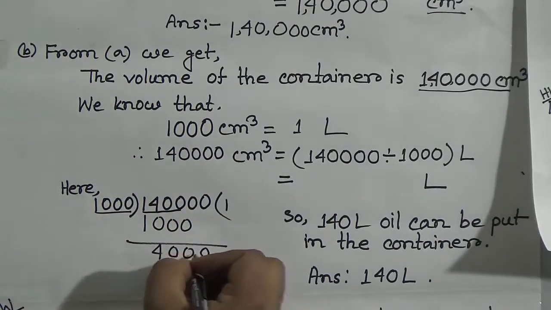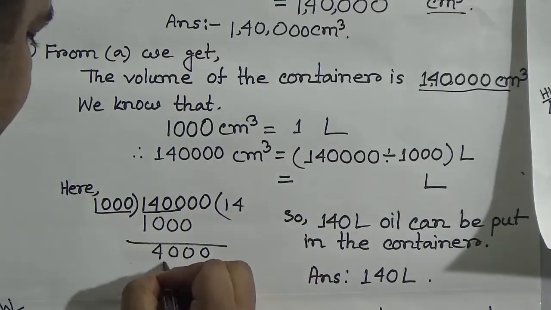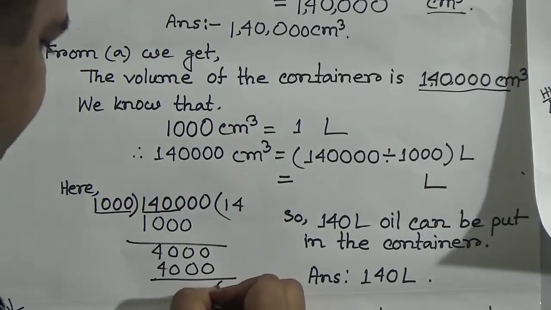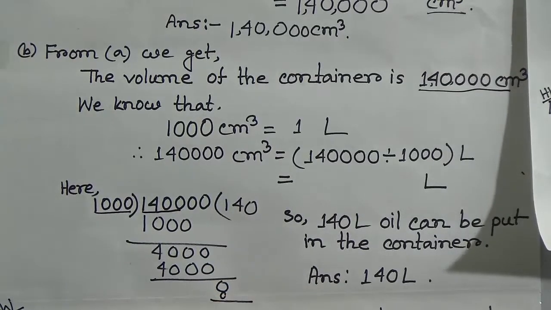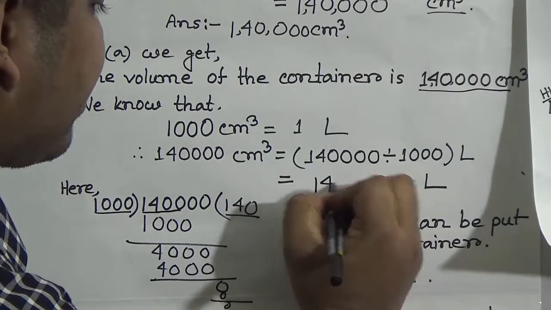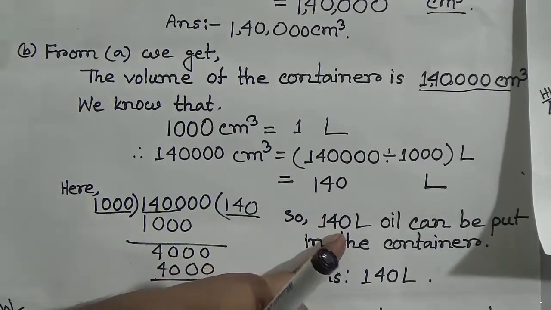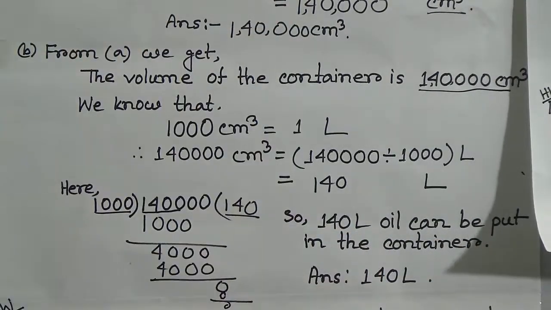Then in 4000, 1000 goes in 4 times. And in 0, 1000 goes in 0 times. That means 0. So the answer is 140 liter. So 140 liters of oil can be put in the container, and it is your required answer. So the answer is 140 liters.